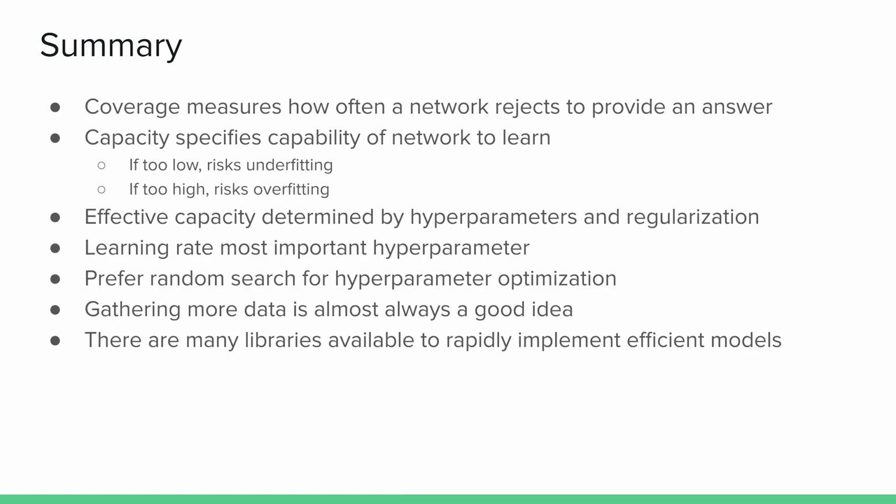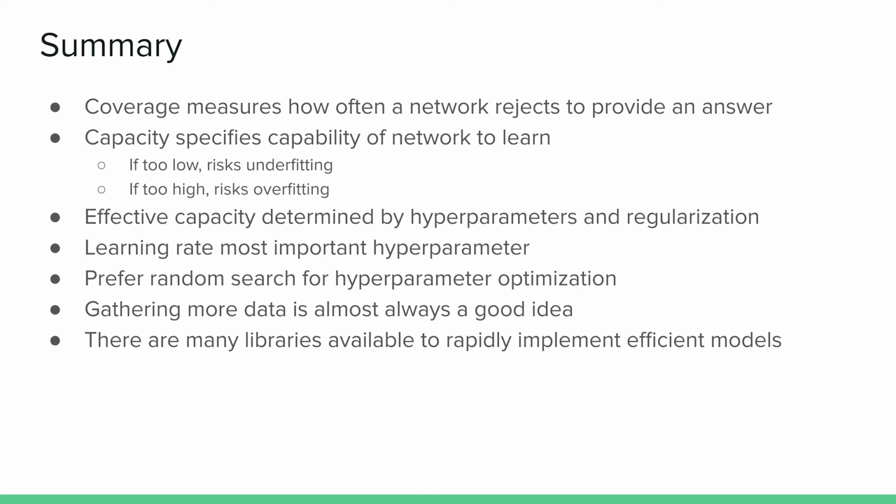Let's sum up what we've talked about this week. I hope there are some really interesting and helpful hints to you when you're training your neural networks and when you're starting on your second exercise. So let's repeat the coverage. That is the measurement of how often the network rejects to provide an answer. The capacity specifies the capability of our network to learn arbitrary functions.